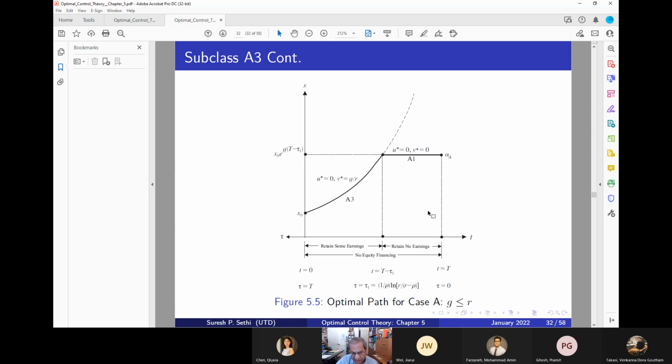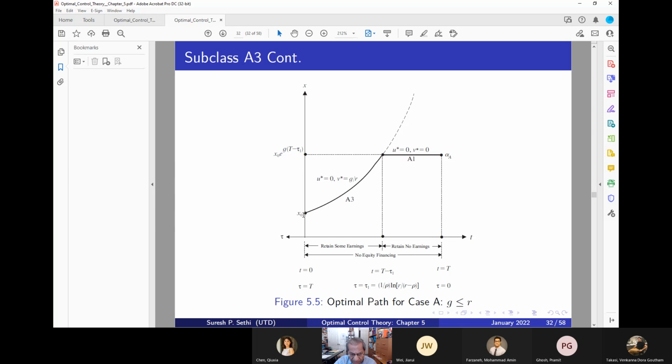So in forward time, I start with x0, and I use this control, and I grow at the rate g, and then I come to this value, which is t minus tau 1 in forward time, and I switch the control to 0, and my value of x stays exactly at alpha A.